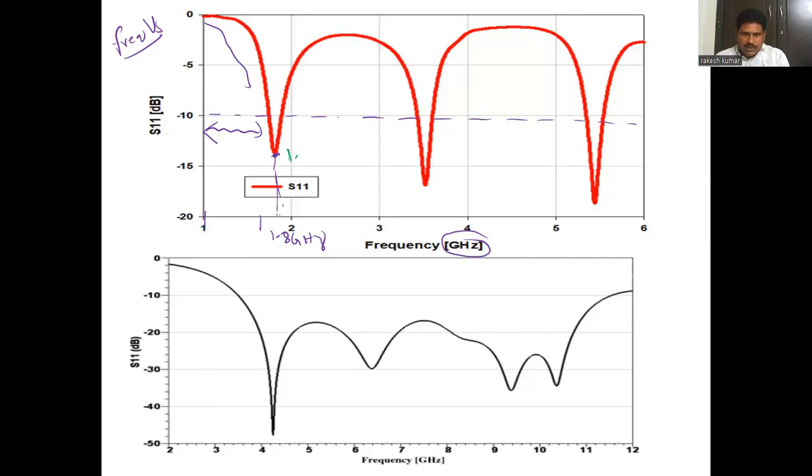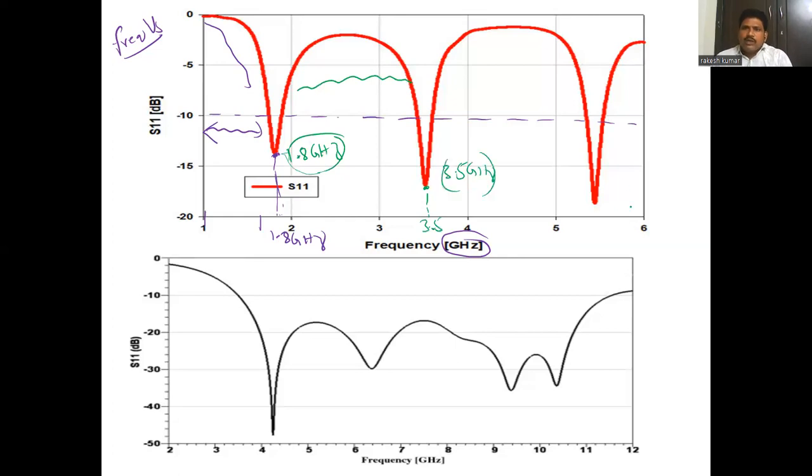So it is operating at 1.8 gigahertz. And similarly, again in between these frequencies it is not operating. Again, where is it operating? At this point, which is 3.5 gigahertz. The second operating frequency is 3.5 gigahertz.